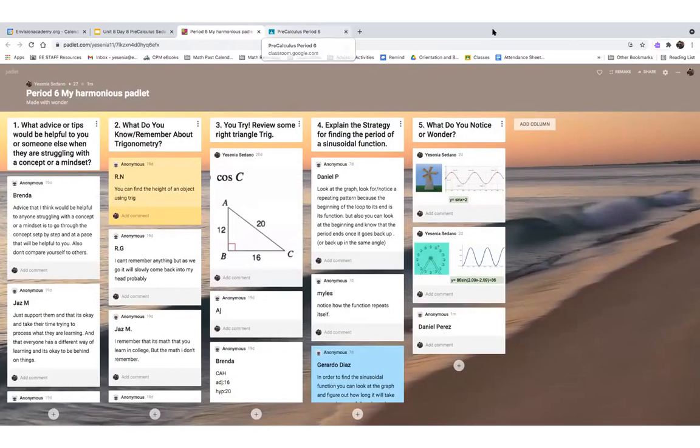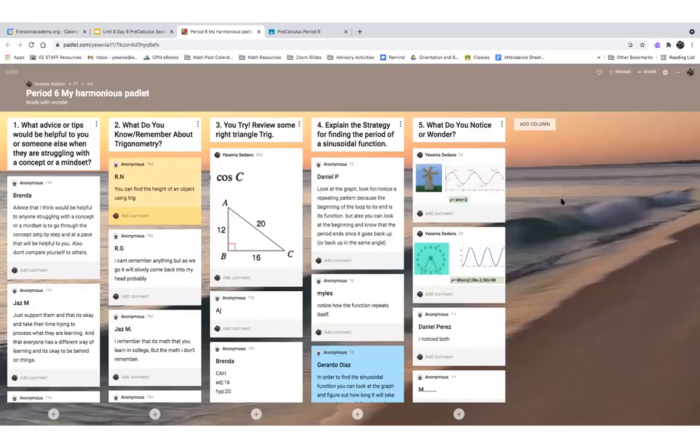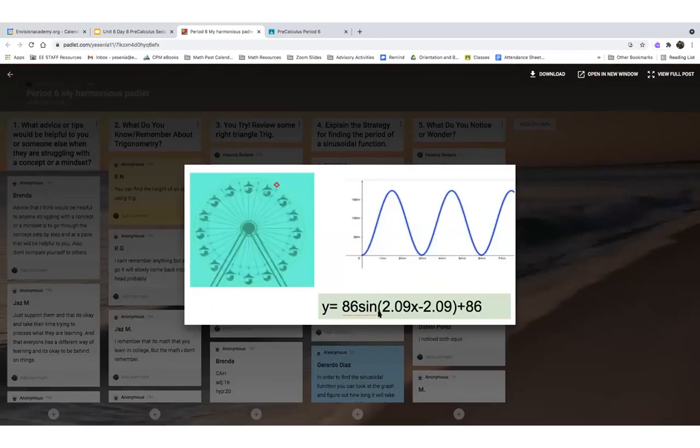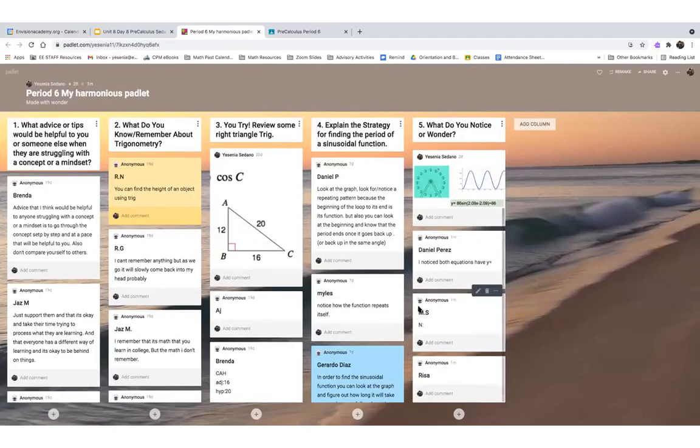So we're going to be on column number 5, and you're just doing a notice and wonder on the equation. So focus on the equation. Notice how this equation is just y equals sine x plus 2. Notice how this one is a little bit longer. Go ahead and put down what you notice and wonder additionally from what I just pointed out. You're either going to put your name or, down here, your initial.